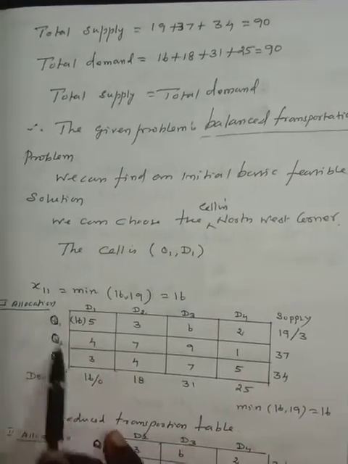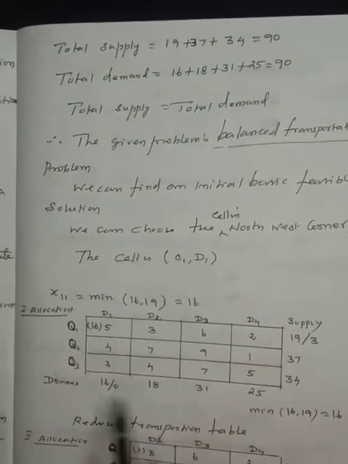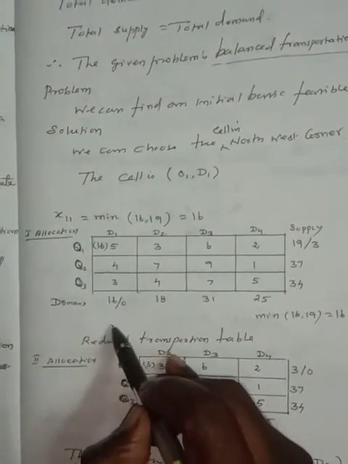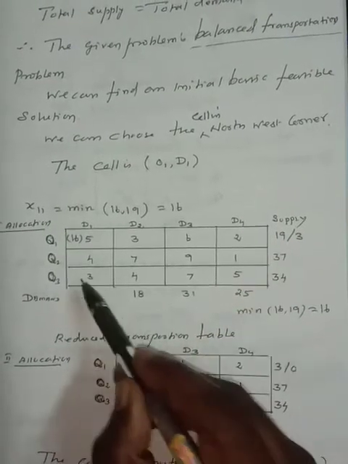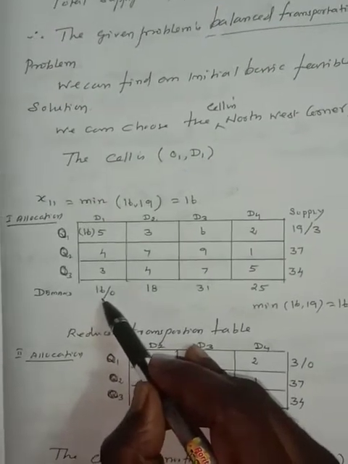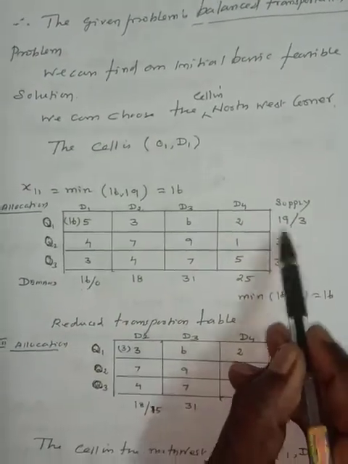How to find the feasible solution? Given table, allocation number 1. Take the first row, first column. First row supply is 19, first column demand is 16.